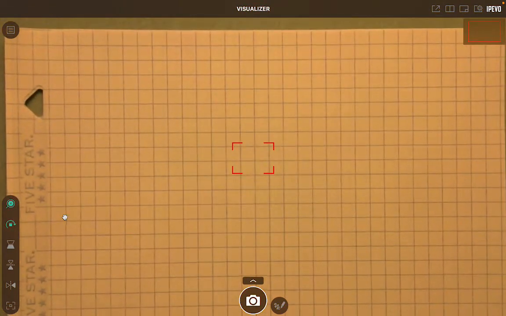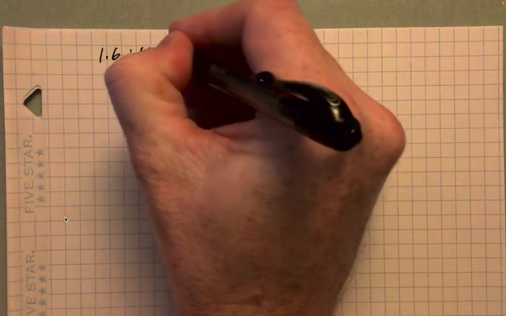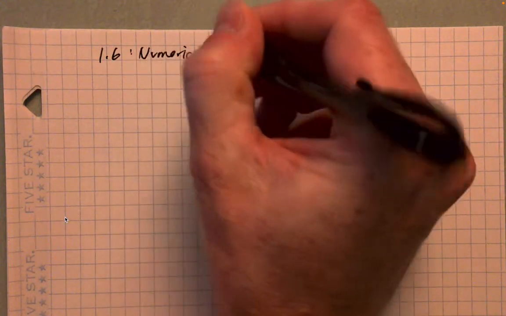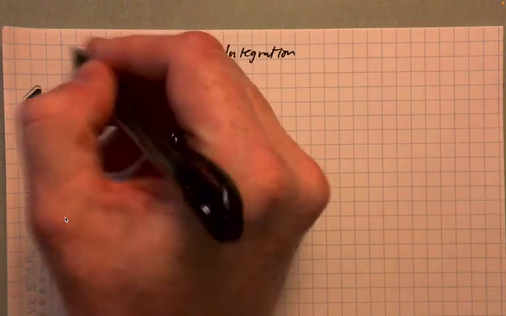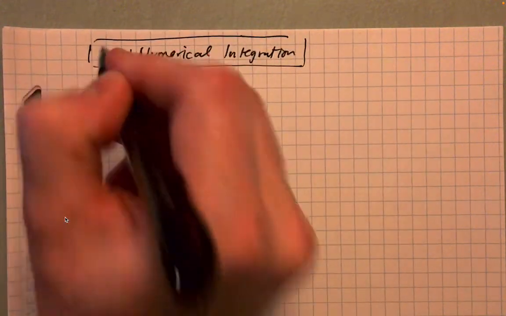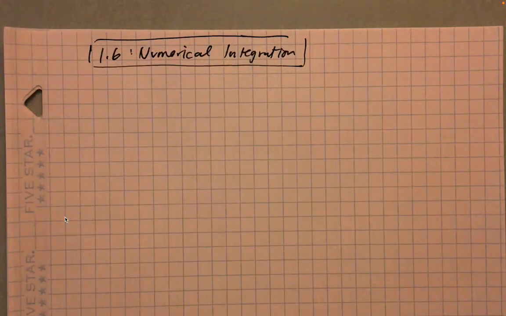Let's go ahead and call this section 1.6, and this will be numerical integration. Okay, so as I was saying, there are going to be countless examples of elementary functions whose antiderivative we're not going to be able to identify.